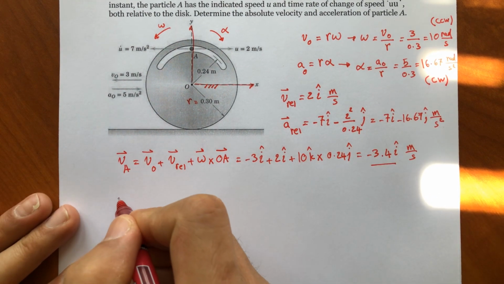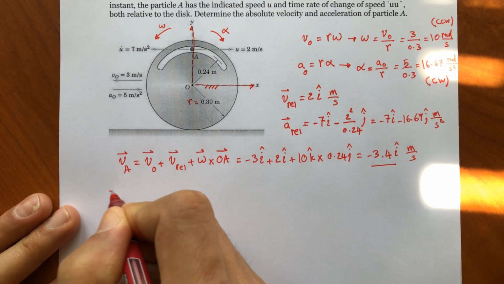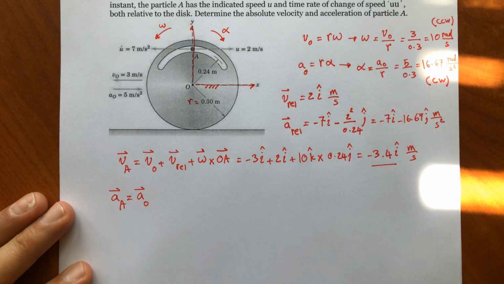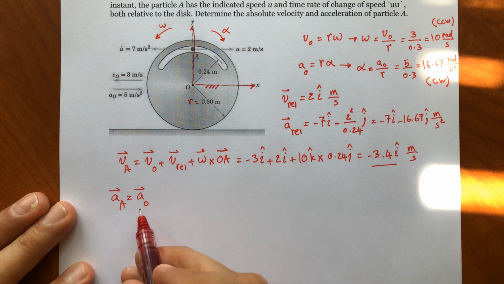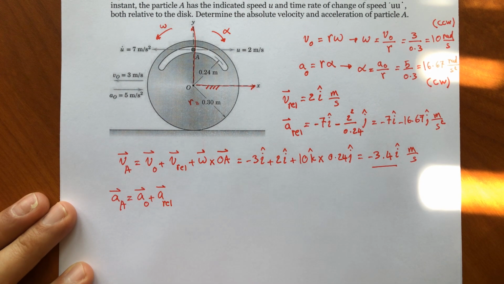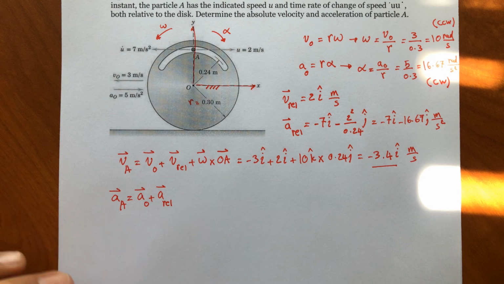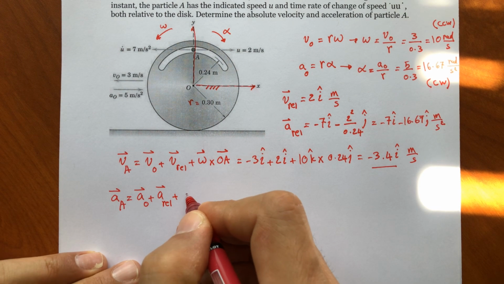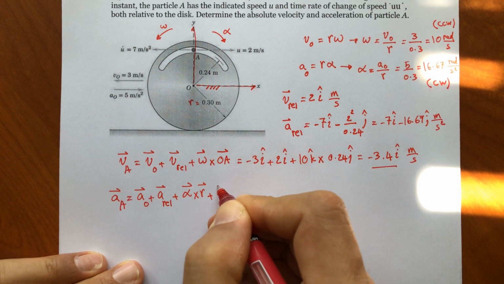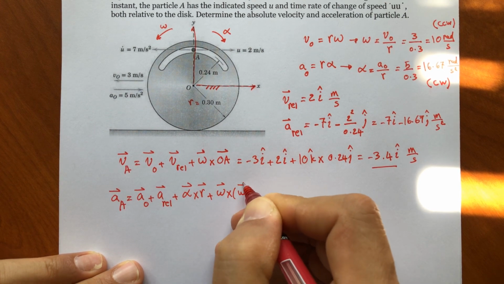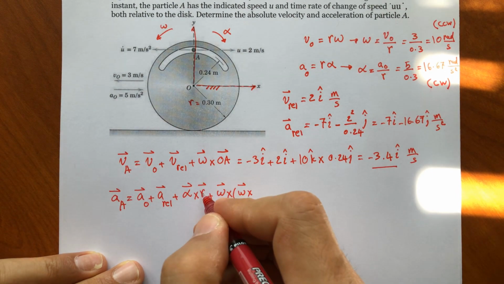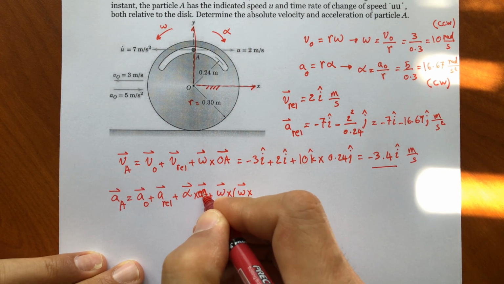And acceleration of A is equal to acceleration of the origin of the moving coordinate, AO here, plus relative acceleration of A in the rotating frame, plus alpha cross R, plus omega cross omega cross R. R here is OA, so let me write it OA from the beginning.